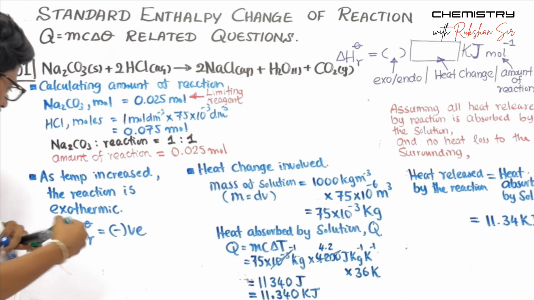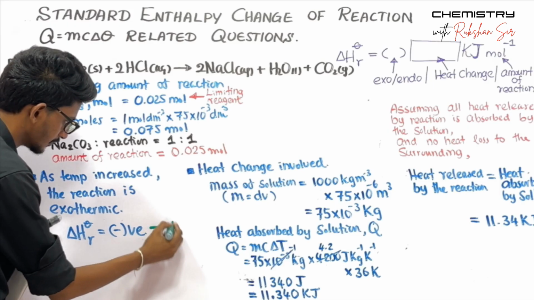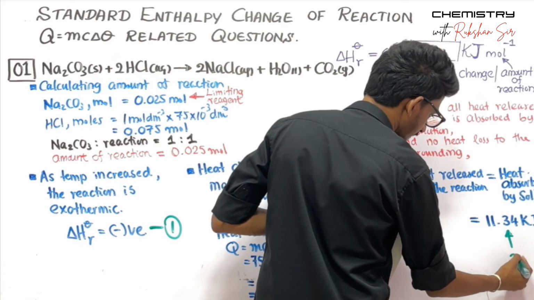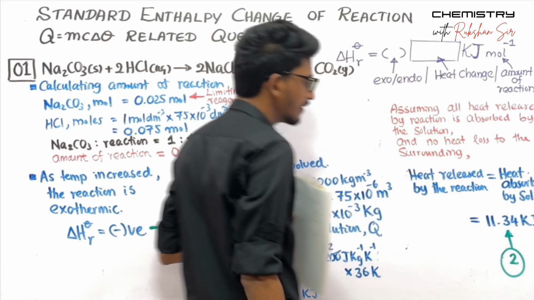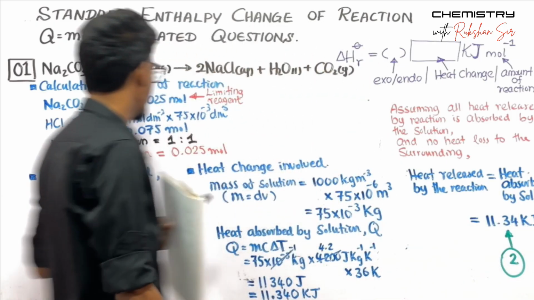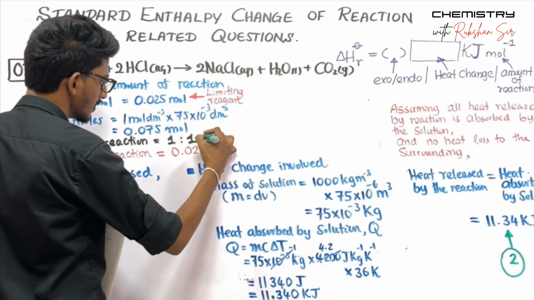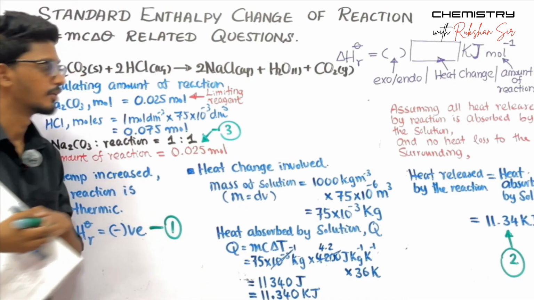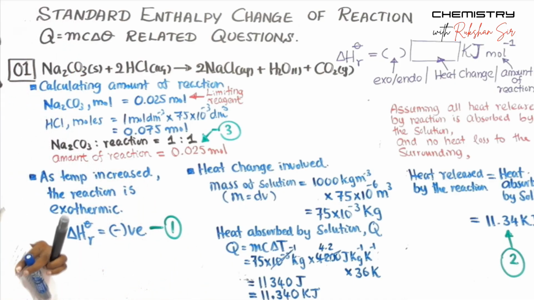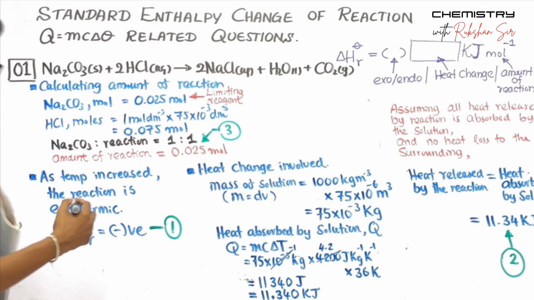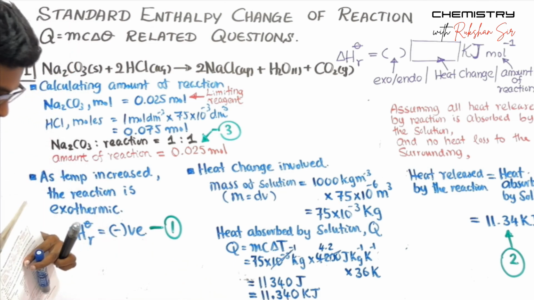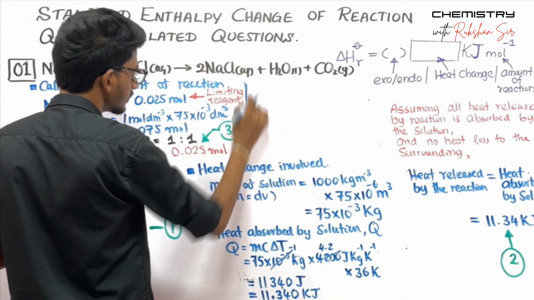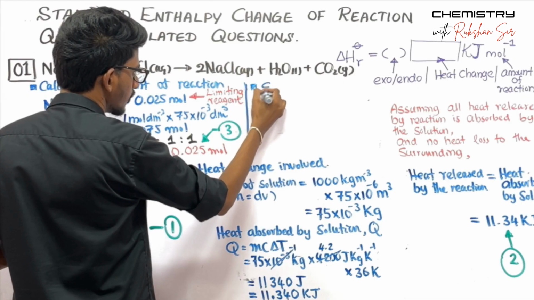So now we can combine the three things. Here it says delta H naught R is negative. This says the heat involved in the reaction is this much, and here the amount of reaction is also calculated. With these three things, we can calculate delta H naught R, the enthalpy change of reaction.